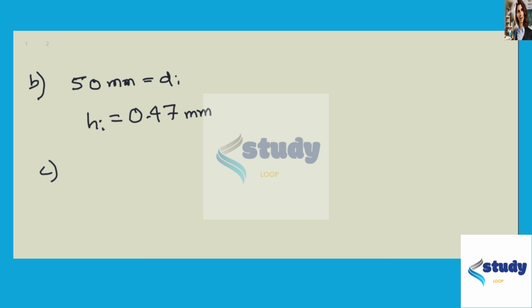And for C, when we have a focal length of 135 millimeters, the height of the image will be 1.3 millimeters.